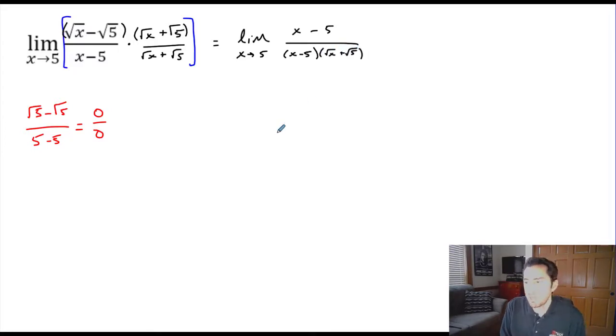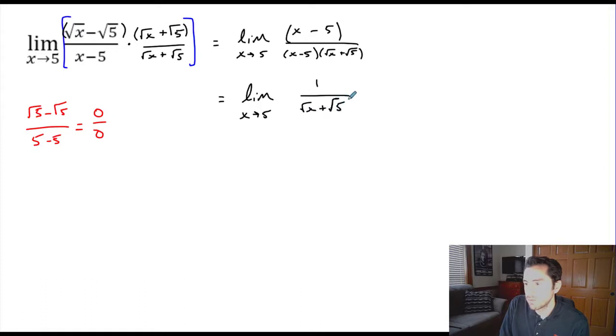This worked out pretty nicely for us because after multiplying by the conjugate, rationalizing the numerator, I'm able to simplify. I have a common factor of x minus 5 in the numerator and the denominator. So we end up with the limit, as x approaches 5, of 1 over the square root of x plus the square root of 5.